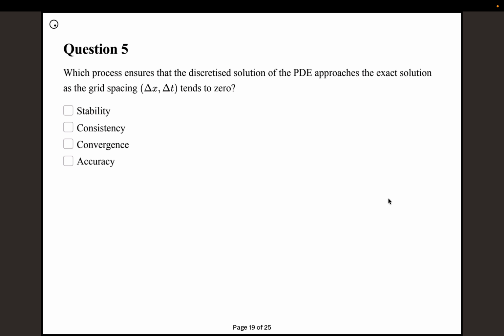This we just discussed: which process ensures that the discretized solution approaches the exact one as the grid spacing and time spacing tend to 0? These are all questions I have taken from previous year assignments and exams. So those of you appearing for the exam can expect the same level of complexity in the final exam.